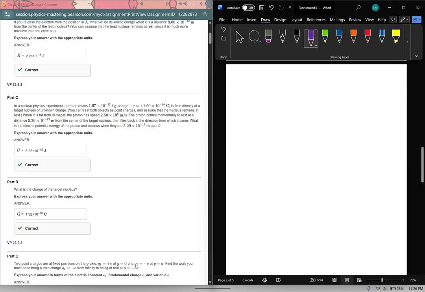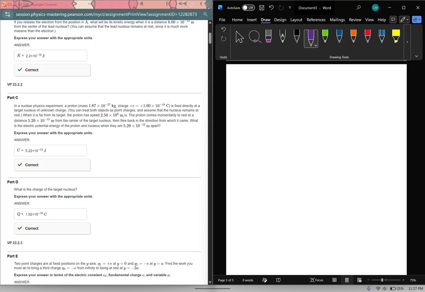It says in a nuclear physics experiment, a proton with mass 1.67 times 10 to the power of negative 27 kilograms and a positive charge equal to positive 1.60 times 10 to the power of negative 19 coulombs is fired directly at a target nucleus of unknown charge. You can treat both objects as point charges and assume that the nucleus remains at rest.